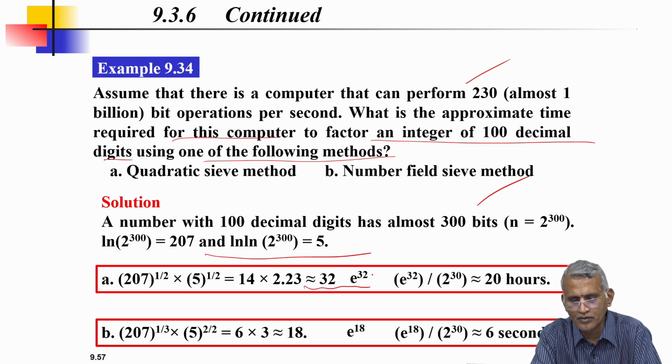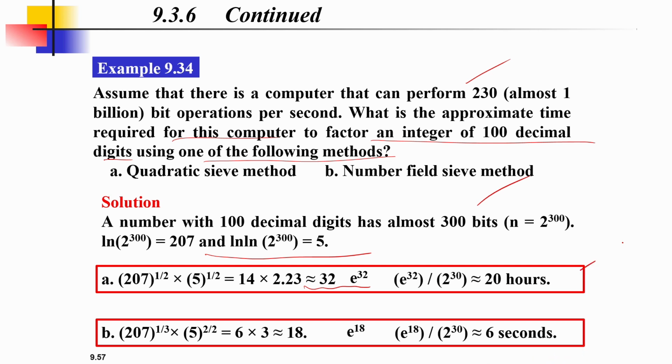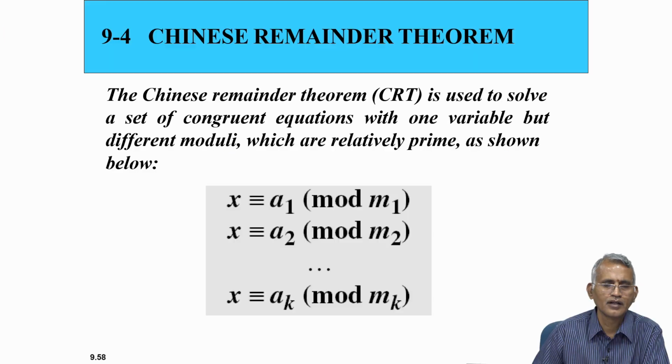So, e power 32 by 2 power 30 takes 20 hours. Similarly, for the second one, 207 whole power 1 by 3 into 5 power 2 by 3 is 6 into 3, which is 18 approximately, e power 18. So, e power 18 by 2 power 30 is approximately equal to 6 seconds.